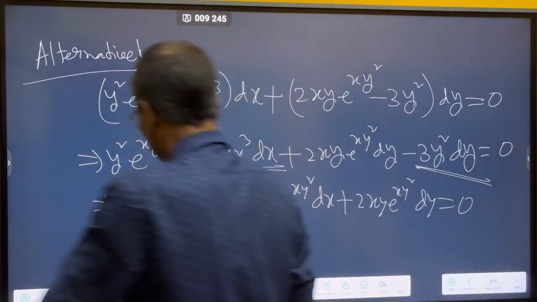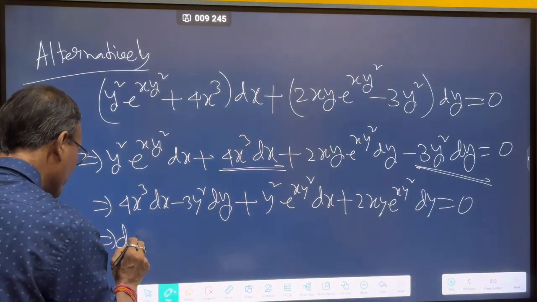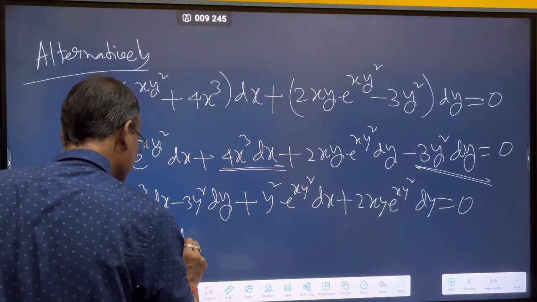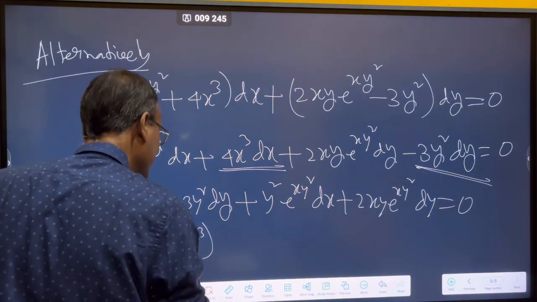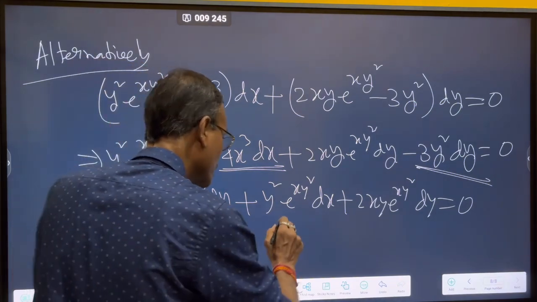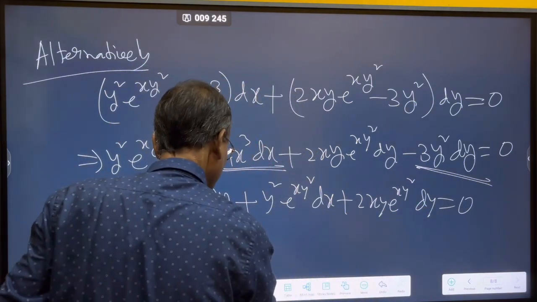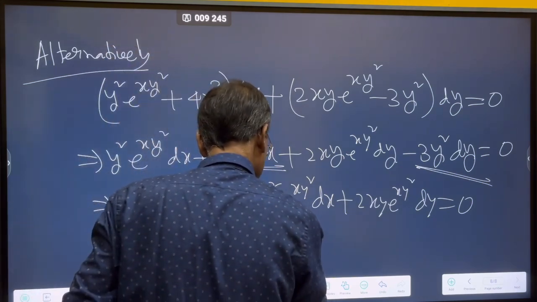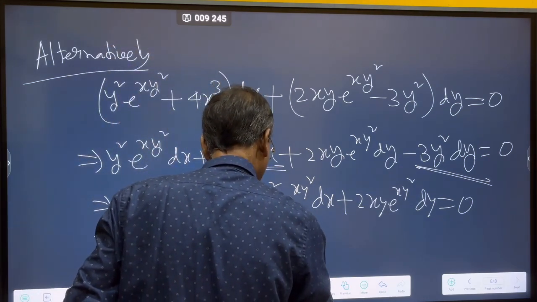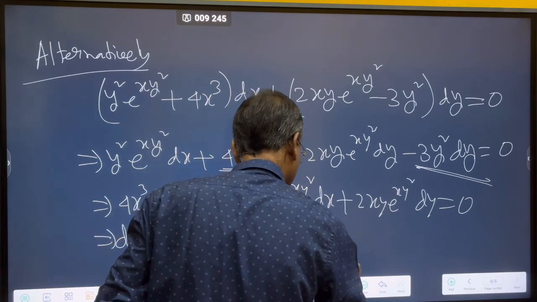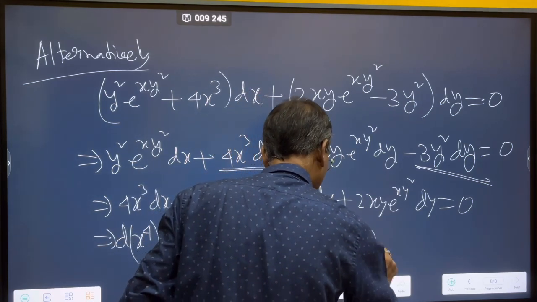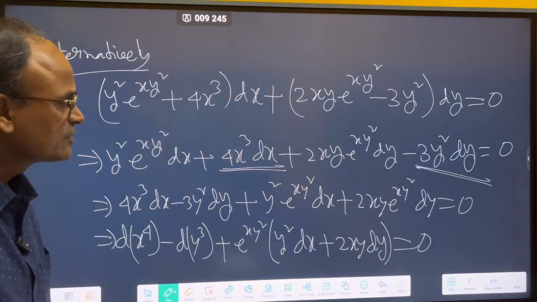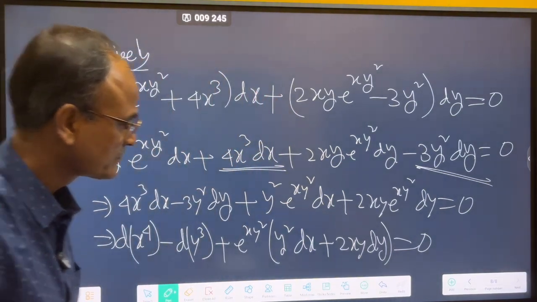For the first terms, you may write d of x to the power 4 minus d of y cube, plus for these two terms, e to the power x y square is common, y square dx plus twice xy dy, equal to 0.